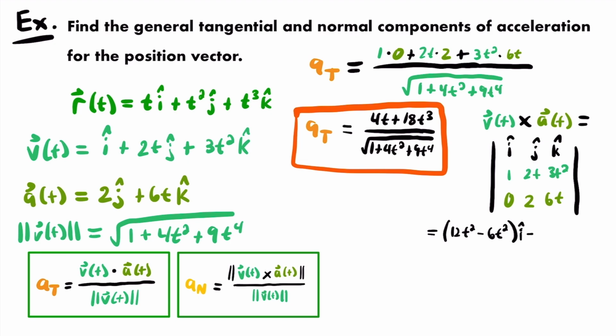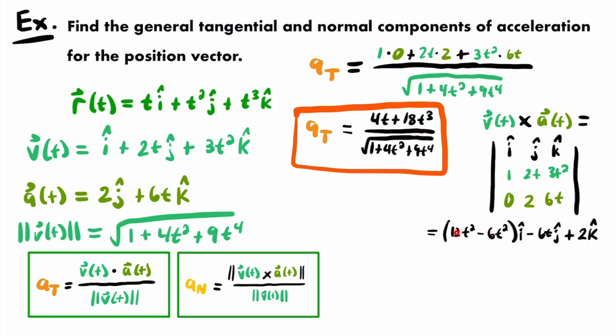Then we will subtract the j term. So cover up the j column. 1 times 6t is 6t minus 3t squared times 0, but that's just 0. So we're just subtracting 6t times j. Then finally, we'll add the k term, cover up the k column. 1 times 2 is 2, minus 2t times 0, which is 0. So we just get 2k.